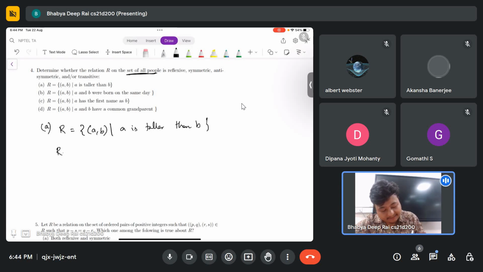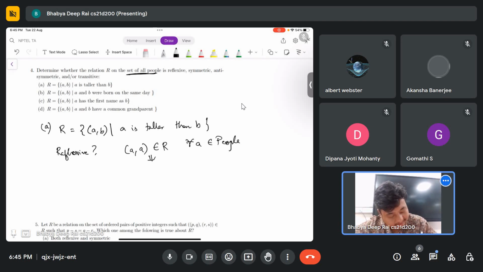Now the question is, is it reflexive? Is (a, a) in R for all a in people? What does this mean? (a, a) is in R means a is taller than a, or a is taller than itself.